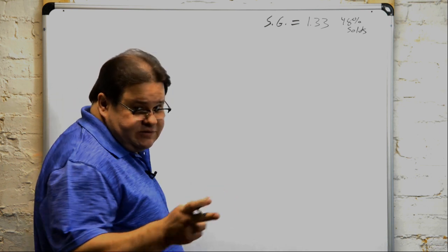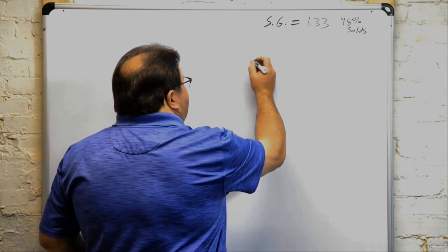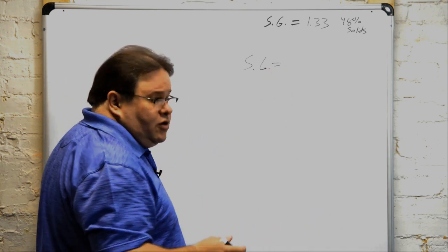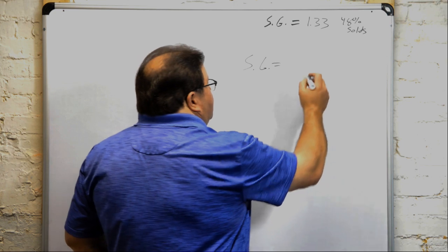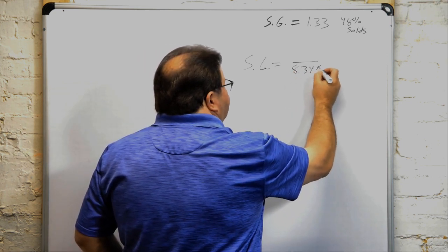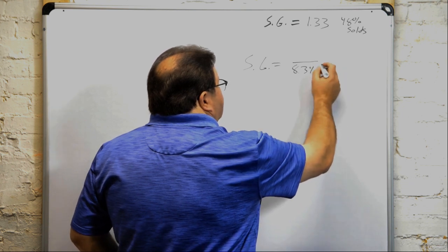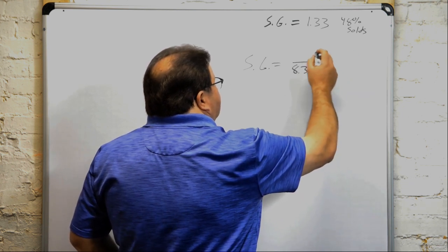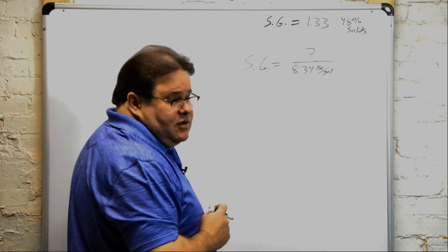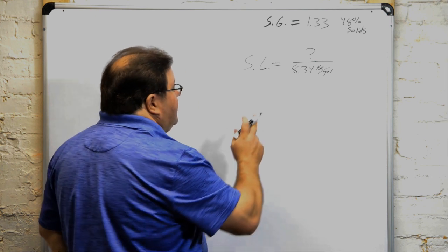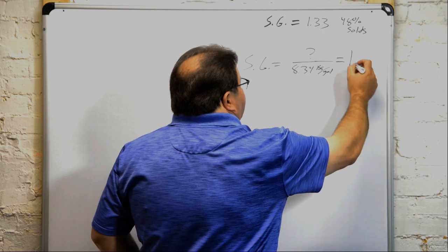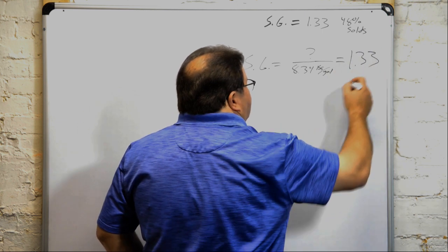All right, so what is the specific gravity? The specific gravity is the relationship between the weight of water and the weight of our chemical. We know that water weighs 8.34 pounds per gallon. And whatever the pounds per gallon of aluminum sulfate is, that number, when we divide by 8.34, is going to give us 1.33.